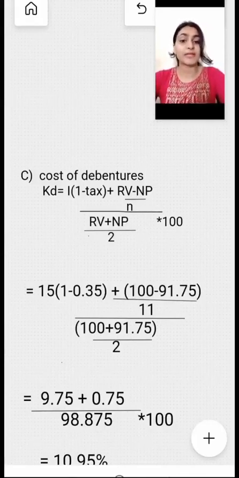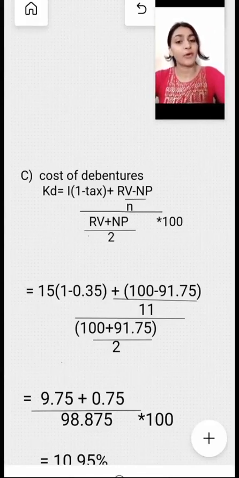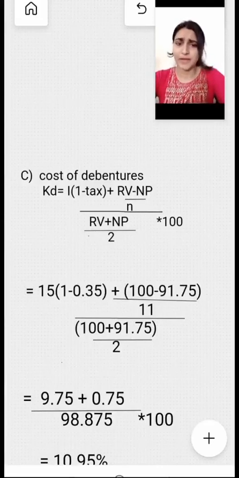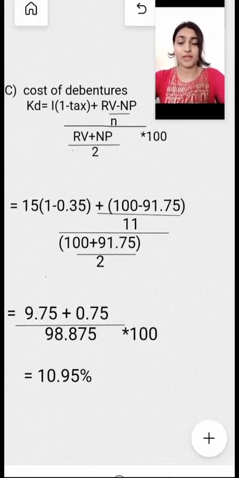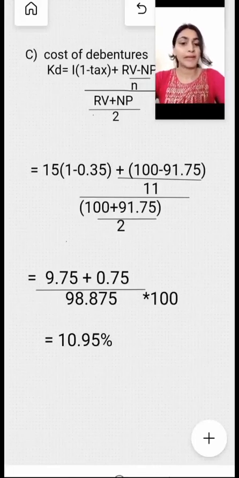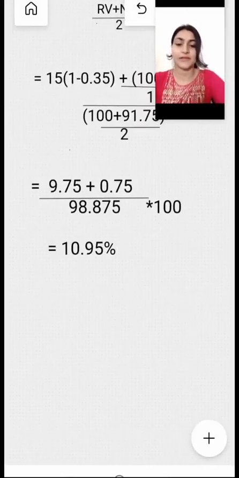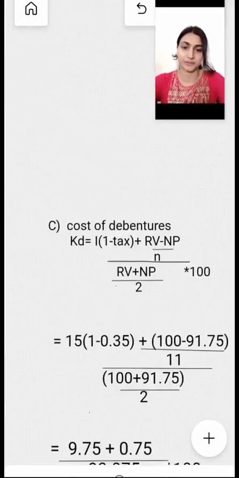Redeemable value is at par, so 100 minus net proceeds, which we just now calculated as 93.75, and we deducted flotation cost of 2 rupees, so we get 91.75. Number of years they have given in the question is 11 years, and whole divided by 100 plus 91.75 divided by 2, and we get the answer 10.95%. Therefore the cost of debentures is 10.95%.